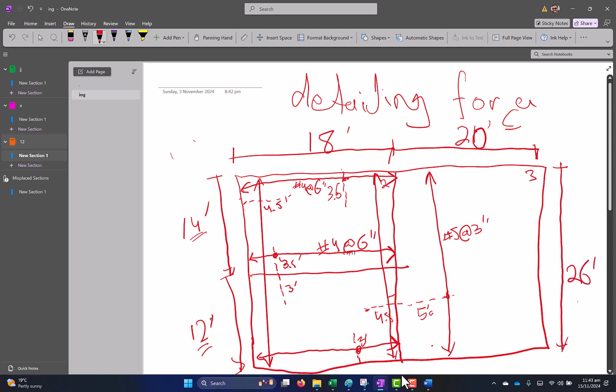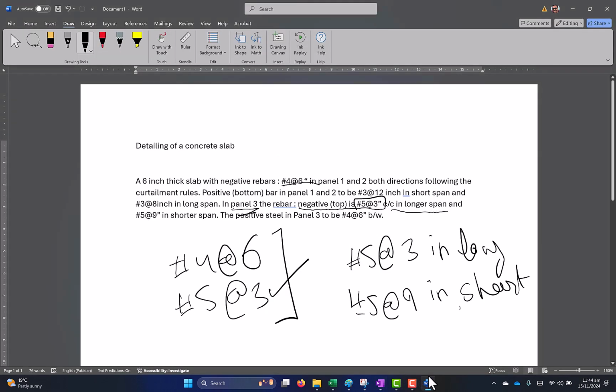So we are right. This is 20 is the short span. So short span में हमारे पास स्टील है नंबर 5 एट 9. सो आई एम सॉरी, ये गलत हो गया.